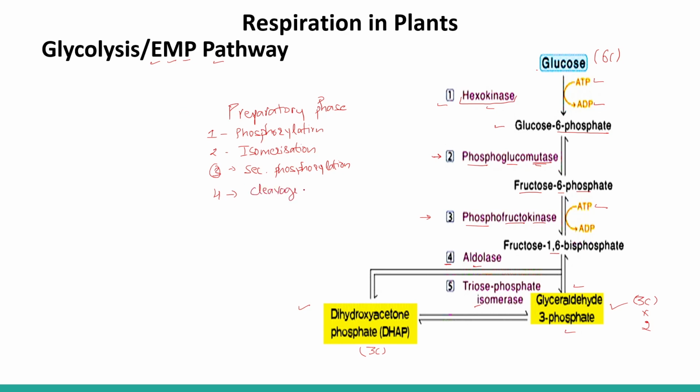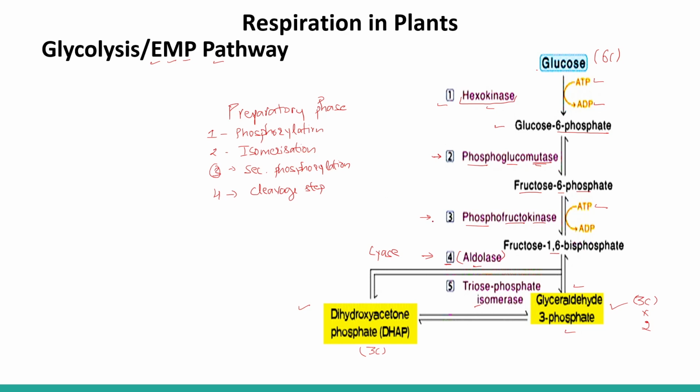This step is known as the cleavage step, and it is catalyzed by the enzyme aldolase. Aldolase is a lyase enzyme, meaning it breaks the chemical bonds of organic molecules. So with the activity of aldolase, fructose 1,6-bisphosphate is converted into dihydroxyacetone phosphate and glyceraldehyde 3-phosphate.